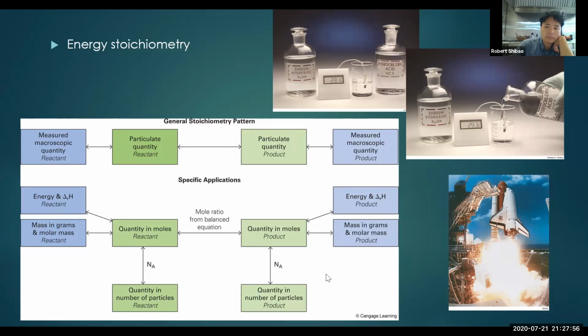I can relate energy to moles using the balanced chemical equation. So here, CH4 plus 2 O2 yields CO2 plus 2 H2O.